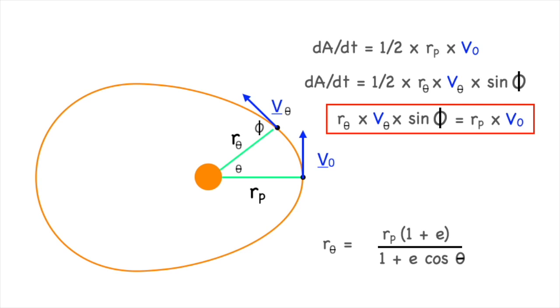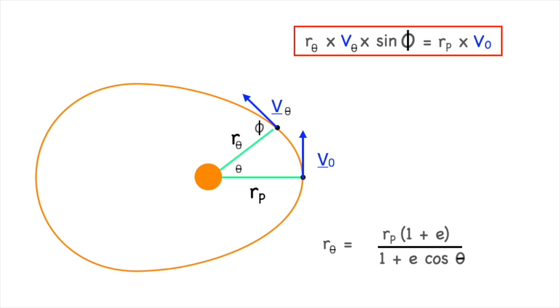Recall that our goal is to arrive at a formula for an ellipse, namely r sub theta equals r sub p times the quantity 1 plus e, all divided by the quantity 1 plus e times cosine theta. We are going to use the dV circle in vector space as a tool to reach our objective.